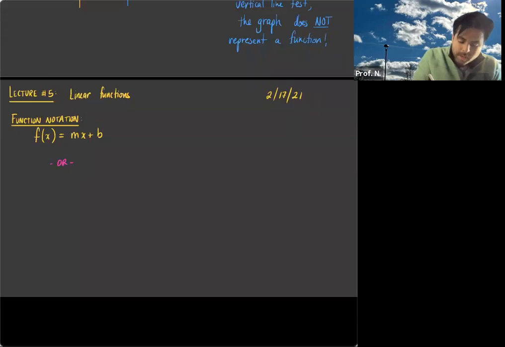Or you may have heard it as y equals mx plus b. This is called the slope intercept form of a line.